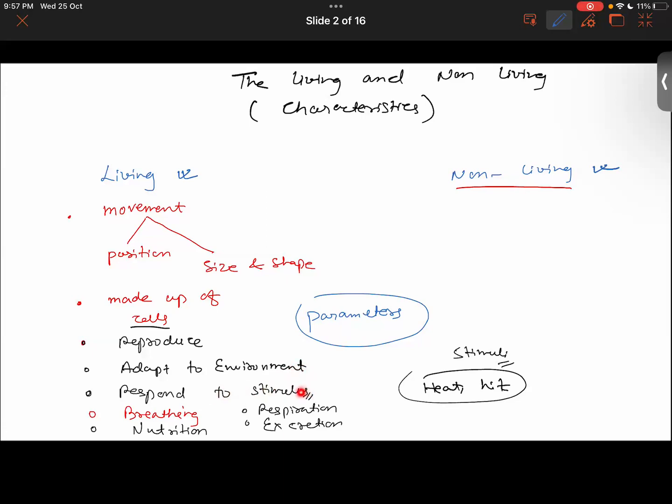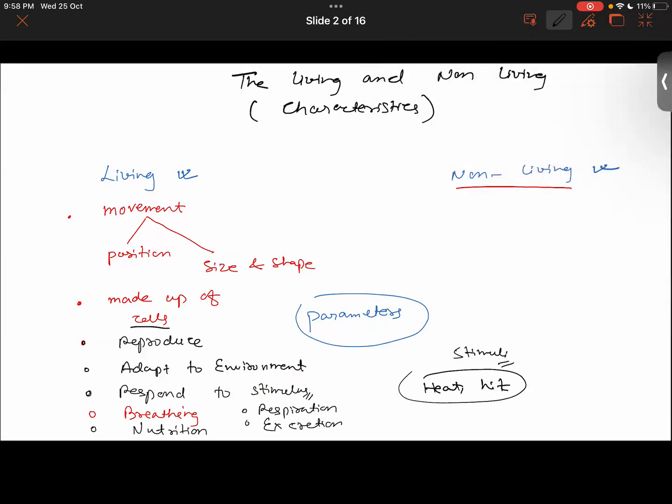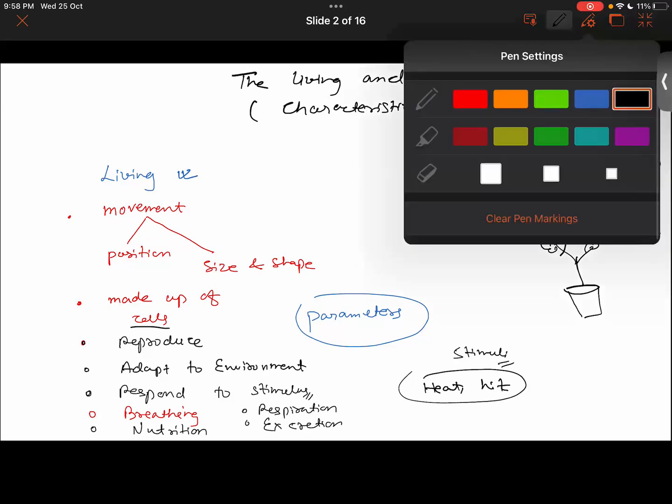Stimulus की भी अगर बात करेंगे, if you were to keep a plant nearby the window, and sun rays are coming by this window, so what will basically happen?